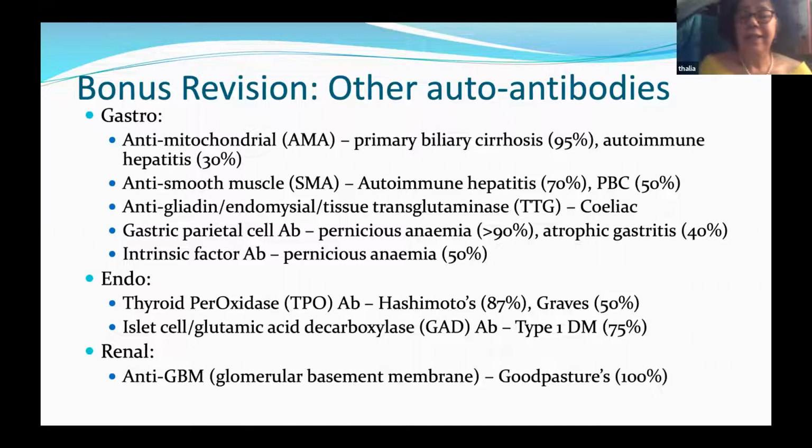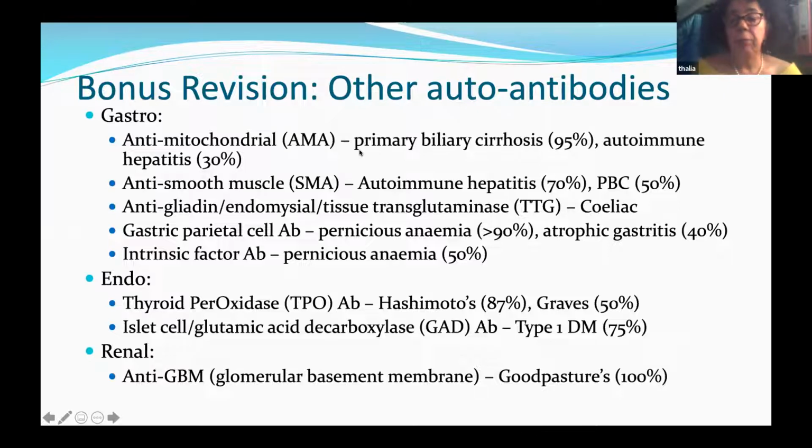The GP trainee wanted to learn all about antibodies, so we went through some important ones and the clinical significance of them. With regards to gastroenterology departments, antimitochondrial antibodies are related to primary biliary cirrhosis, mostly 95%, and 30% with autoimmune hepatitis.